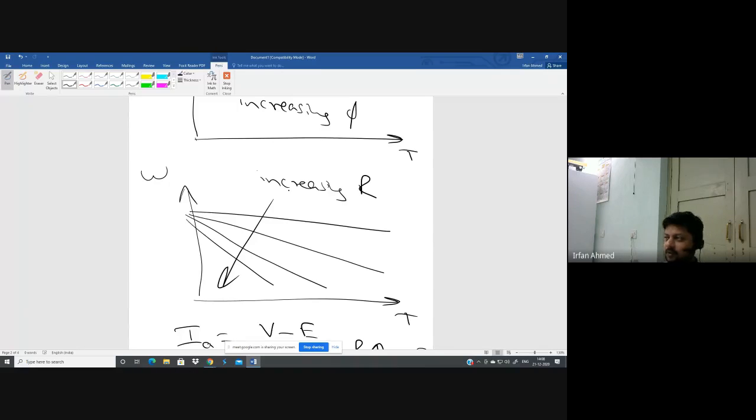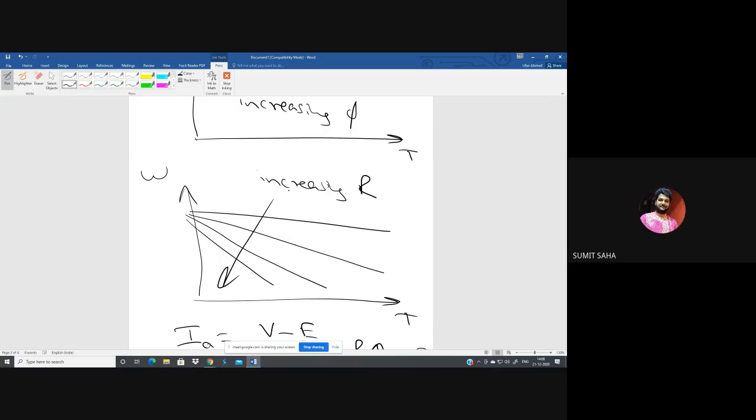However, for kilowatts or megawatts, this method will prove to be very cost ineffective. So unless your application is very small, you do not use armature resistance control anymore. Am I clear?